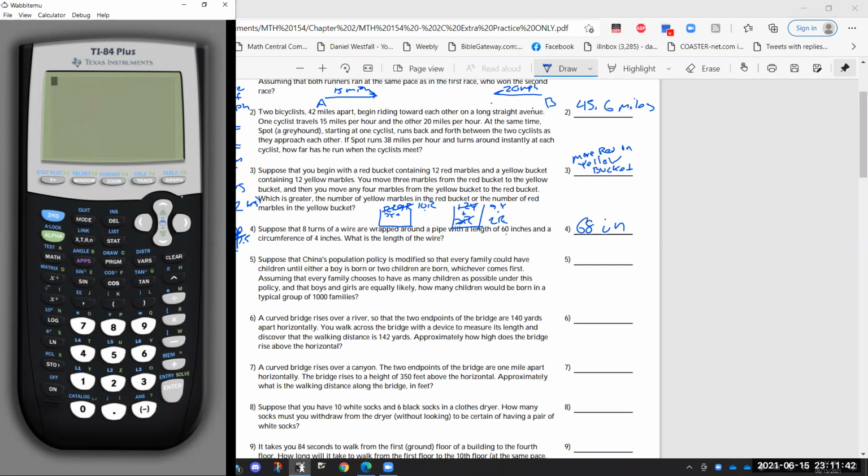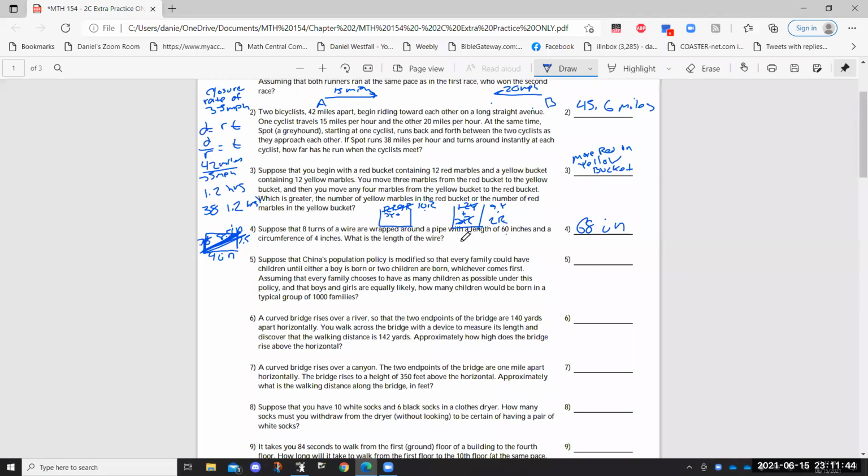Okay, there's a few different problems like that, where you take something 3-dimensional, cut it open and lay it flat to make it 2-dimensional, and it's actually easier to work with, especially when you can see what the turn of wire is and that it's this diagonal on this rectangle.